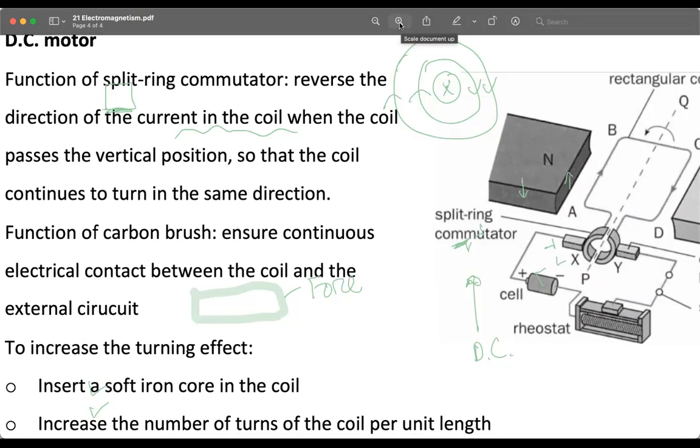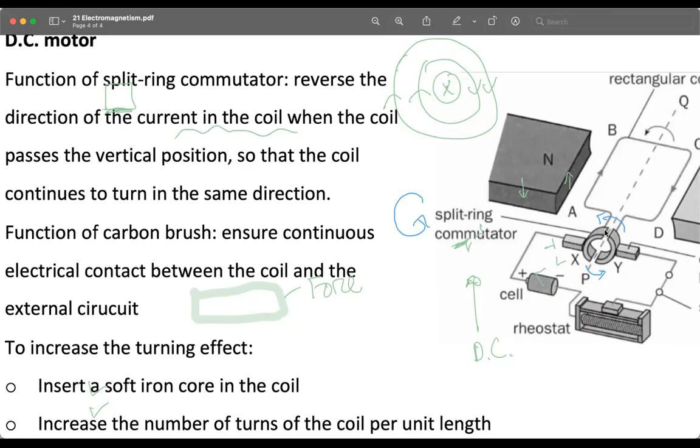Understand? It will be always turning. Clear? So when it's on the left side, touching the X, current moves from A to B. On the right side, touching Y, current moves from C to D.